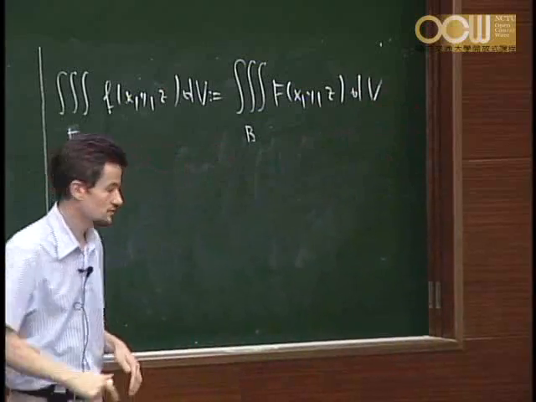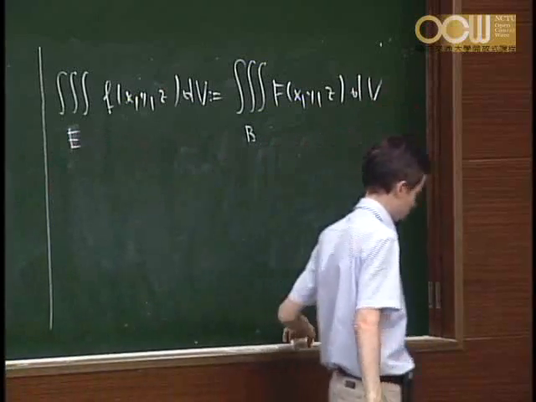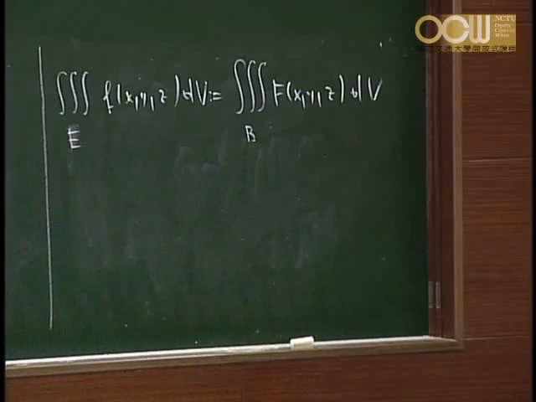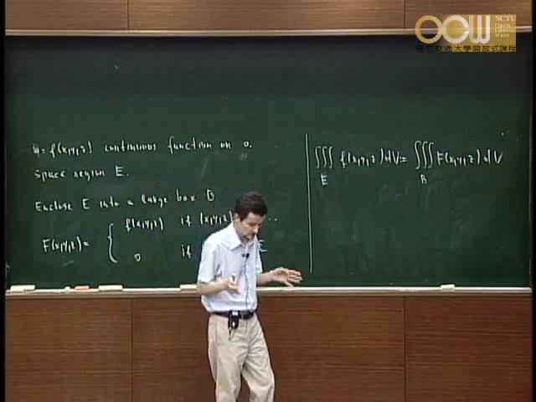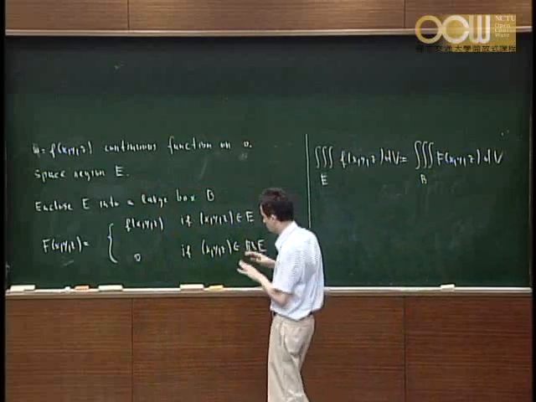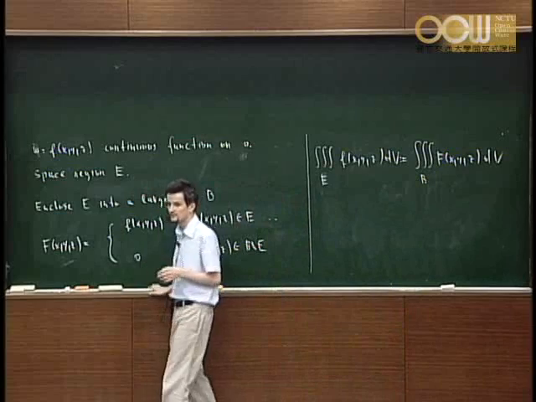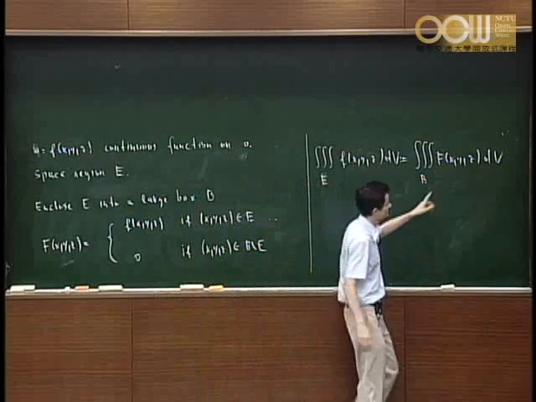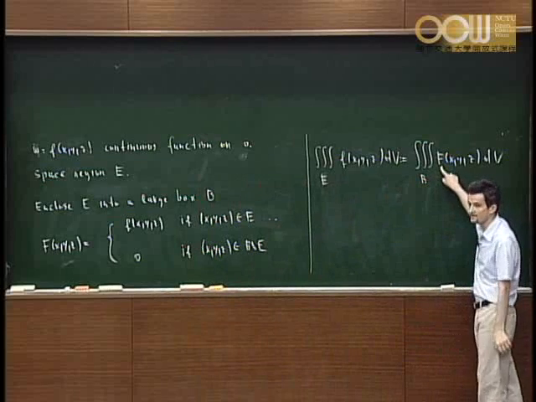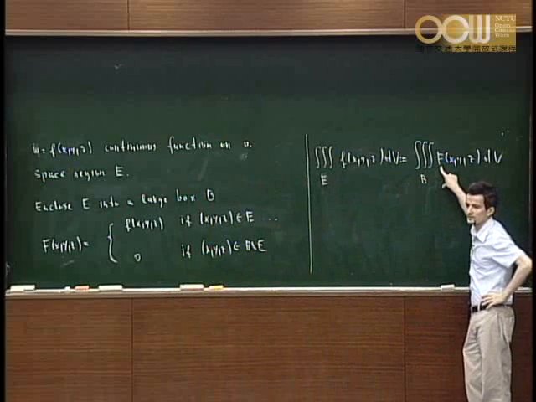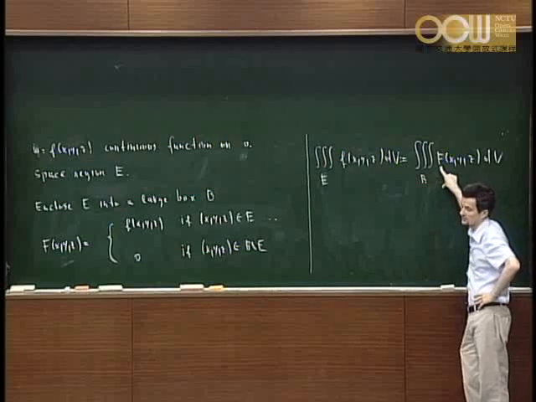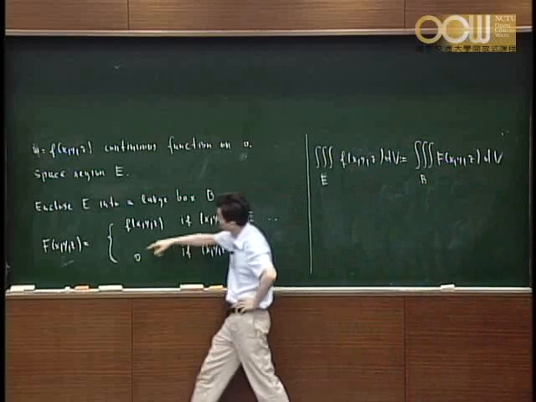And this definition will make sense whenever the boundary of E, some space region, is smooth enough, not too ugly. Under this assumption this integral will exist, because you have to observe that the capital F here is not necessarily continuous, and in many cases will not be continuous, because you cut it off.